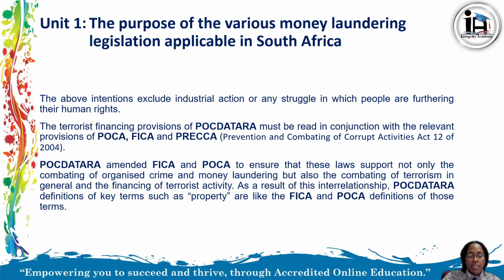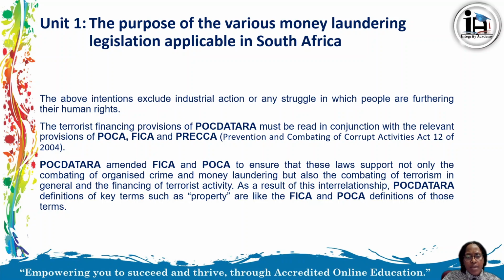The terrorist financing provisions of POCDATARA must be read in conjunction with the relevant provisions of POCA, FICA, and PRECA. PRECA is the Prevention and Combating of Corrupt Activities Act 12 of 2004.